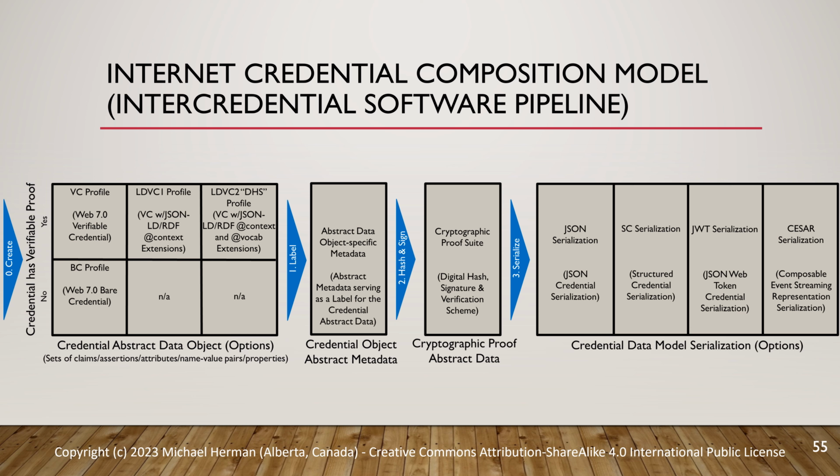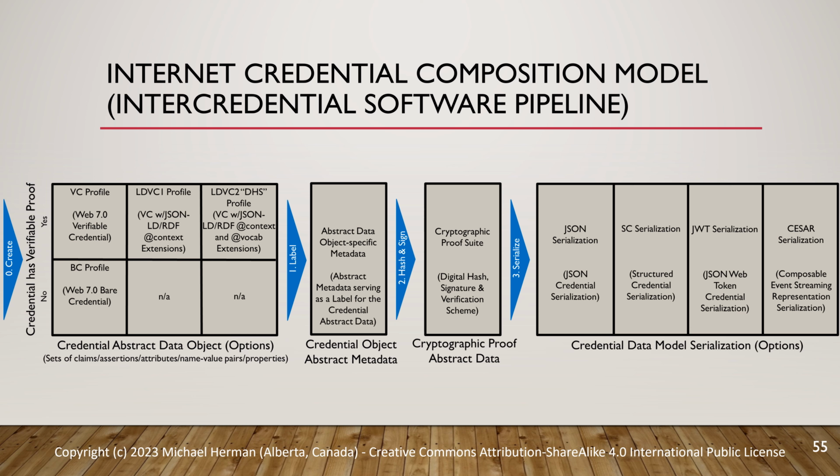So we have 3 steps in our process, 4 essentially. The first one is to create the bag of properties, attributes, name value pairs that comprise our credential. Next, we want to attach a label or add a label to that collection of properties, things like the type information, and then the ID for the credential.